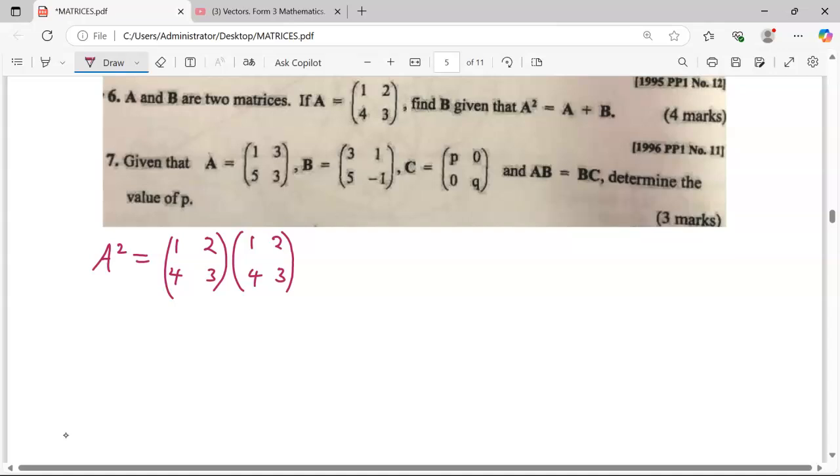So 1 times 1 will give us 1, then plus 2 times 4 you get 8. Then we move ahead, 1 times 2 will give us 2, plus 2 times 3 you get 6. Then 4 times 1 you get 4, plus 3 times 4 you get 12.